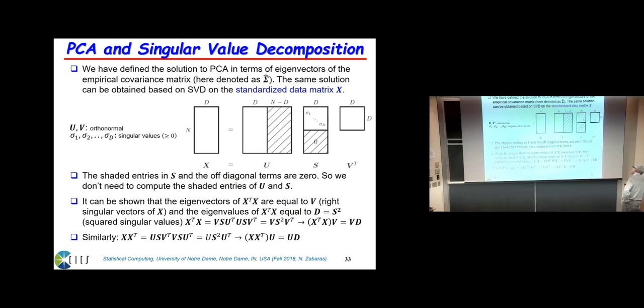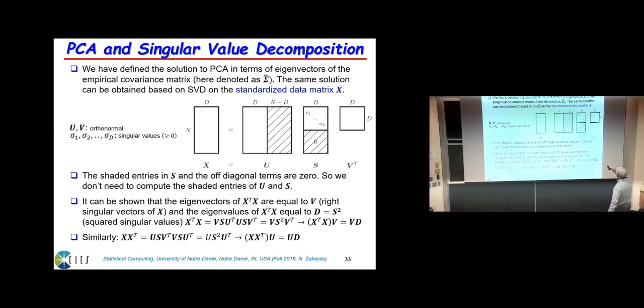I have highlighted exactly which parts of U and S are non-zero. U is of dimensions n by n. X is n by D, and V is D by D, so the result is n by D. This part here is 0.